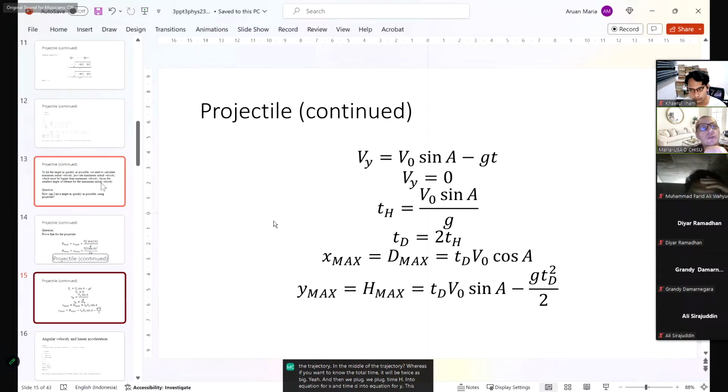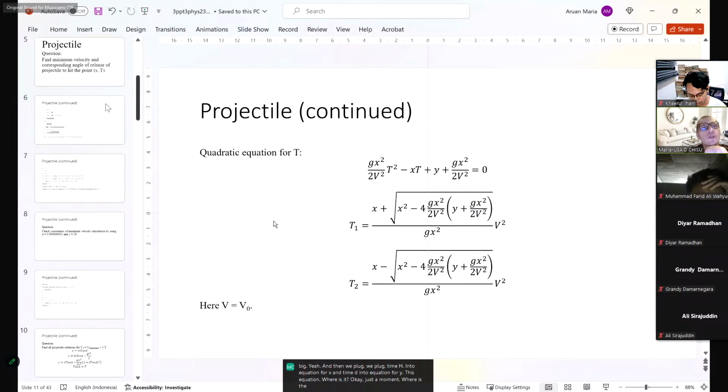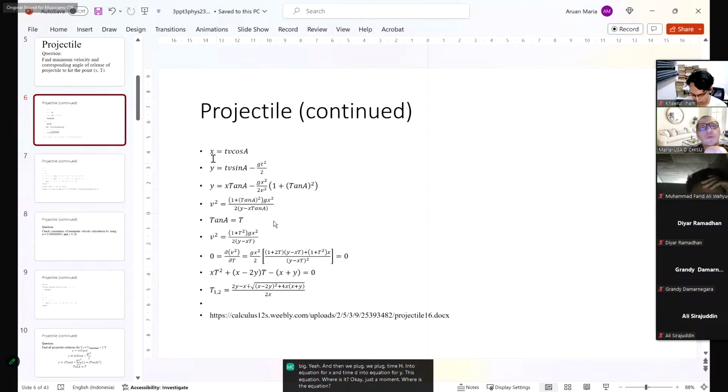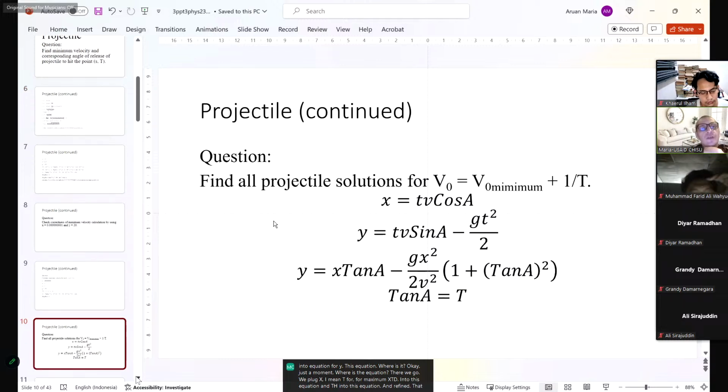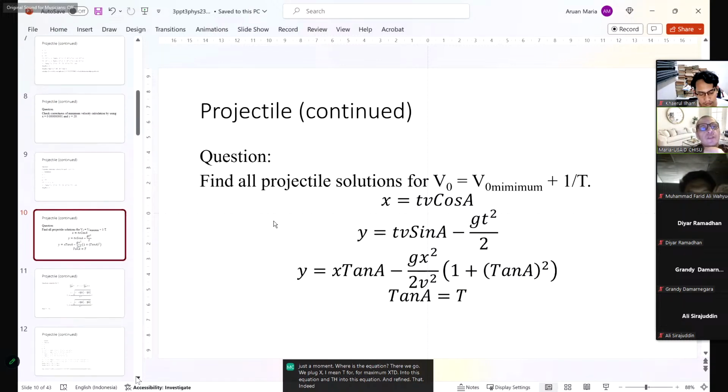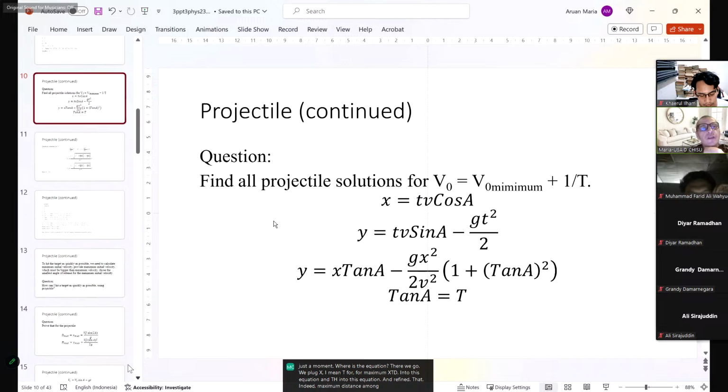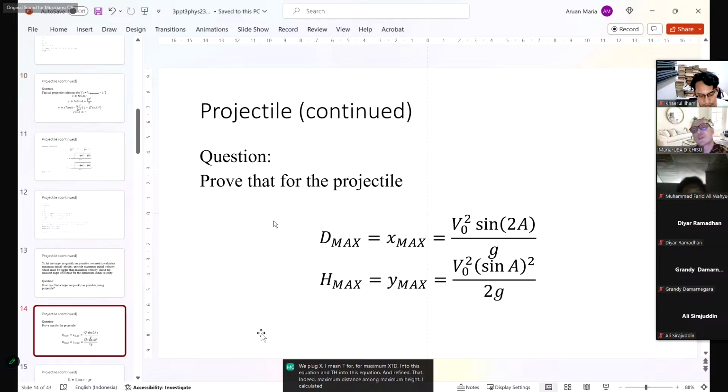This equation, where is it? Okay, just a moment. Where is the equation? There we go. We plug t for maximum x, td into this equation and th into this equation, and we find that indeed maximum distance and maximum height are calculated using these equations.